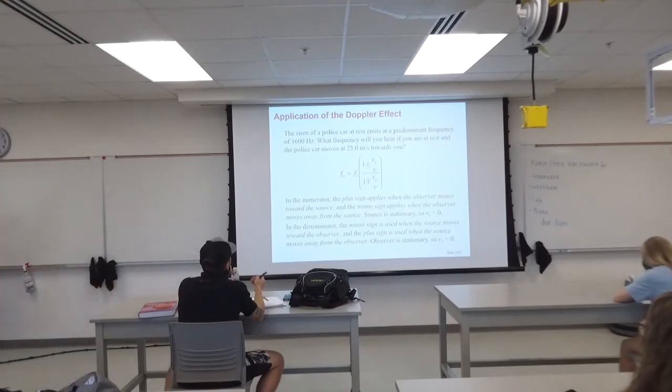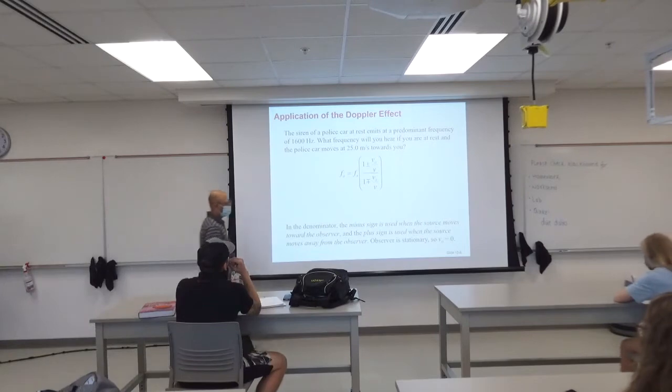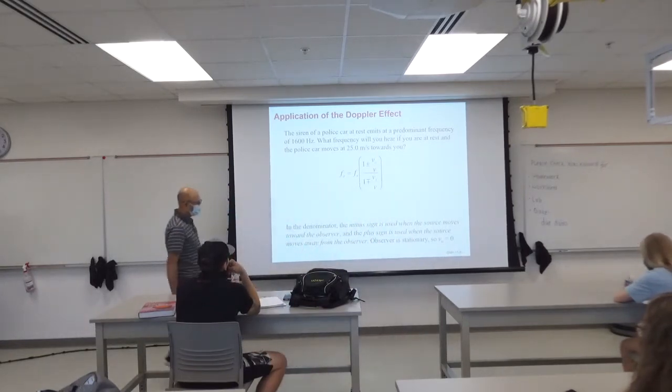From the question we see that the source is moving, right? So we can eliminate this situation. The source is not at rest. And the observer is at rest, so the observer has a velocity of 0.